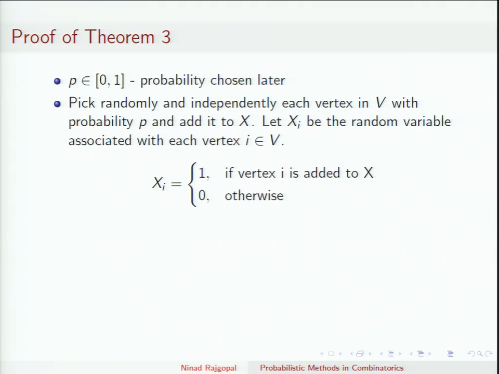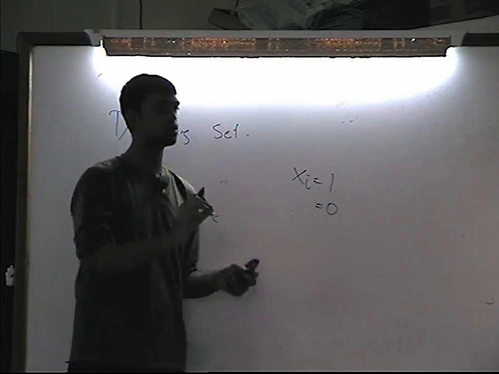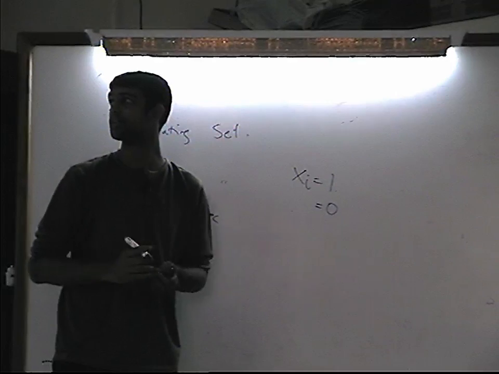So let X be this randomly chosen subset of vertices, right? I'll associate a random variable xi with each such vertex such that if I add the vertex to X, then I set xi to 1, otherwise I set it to 0. So there are just two possibilities. I add it to my subset or I don't.